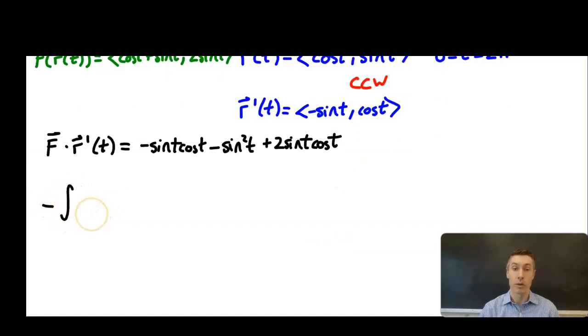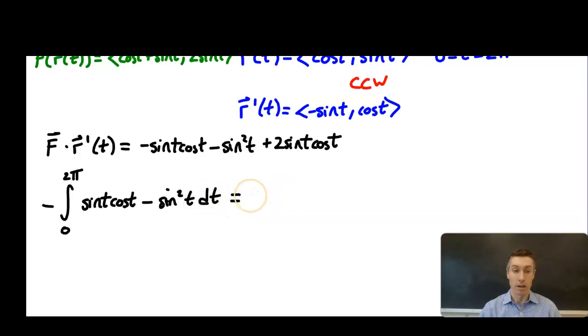It's very easy to forget that fact, right? So maybe you want to make a note to yourself. If you're choosing the wrong orientation, or if you think you're going to forget, then I would go with option 1 and create a new parameterization. So we're going 0 to 2 pi of sine t cos t minus sine squared t dt.